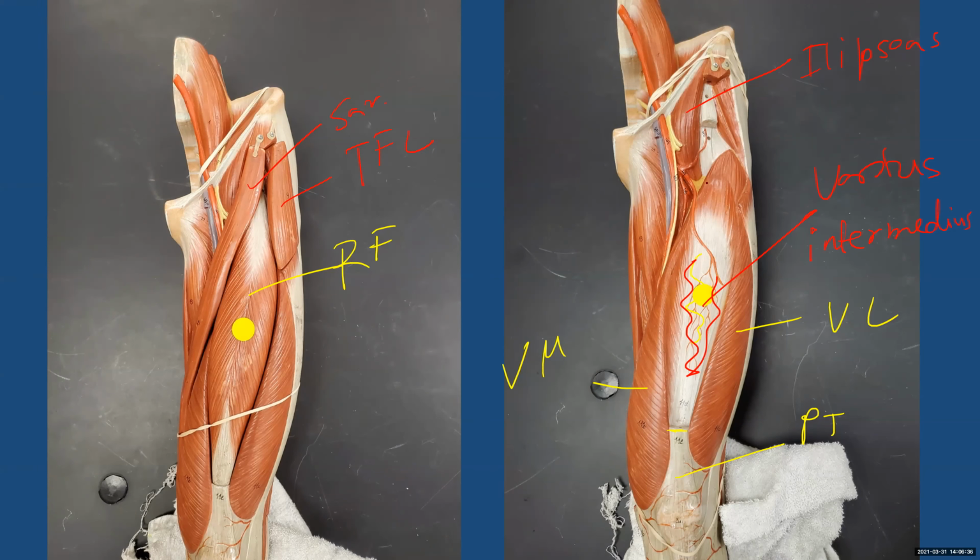So you can clearly see the rectus femoris removed, sartorius removed, tensor fasciae latae removed. You can nicely see the iliopsoas. You can see the pectineus, the adductor brevis, adductor longus, gracilis, adductor magnus, so on and so forth.